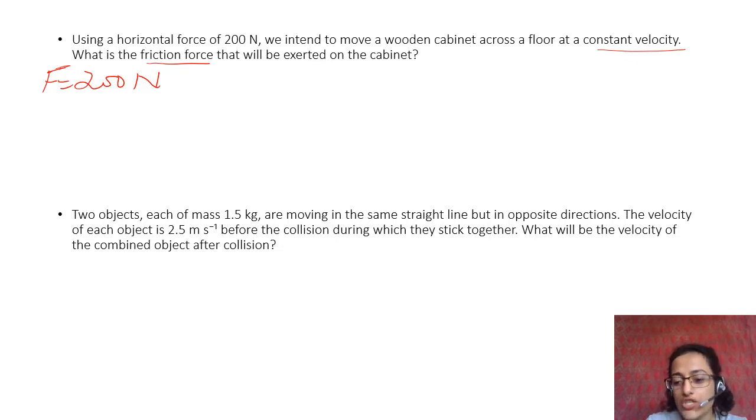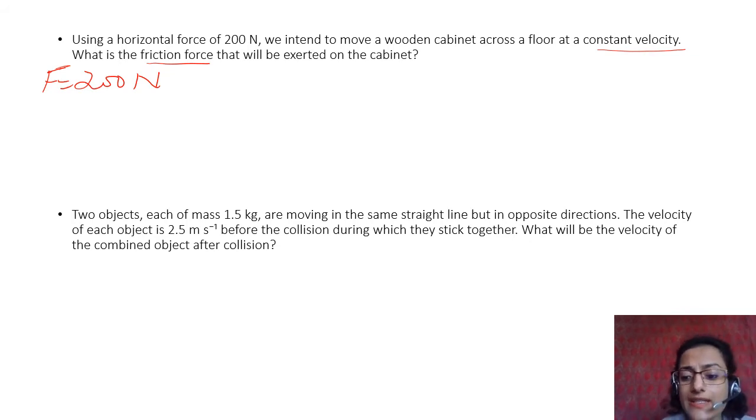The simple logic is this: when does an object move with constant velocity? When there is no external force acting on it, right? This is the first law of motion. When there is no external force acting on an object, it remains at rest or moves with constant velocity, right? Or maintains its state of motion.